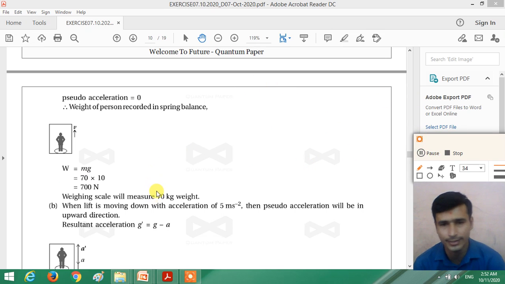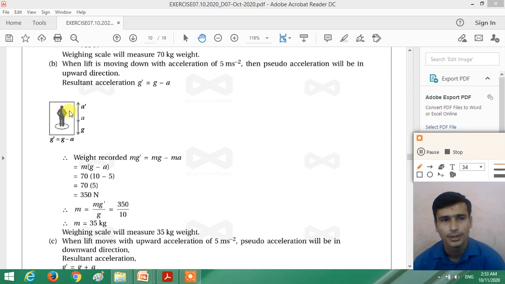Let us consider the second situation when the lift is moving down with the acceleration 5 meter per second squared. The pseudo acceleration will be produced in the upward direction. So here the person is standing on the weighing scale in the lift, and when the lift is moving in the downward direction, the weight of the person mg is in the downward direction, but the pseudo acceleration will be in the upward direction.